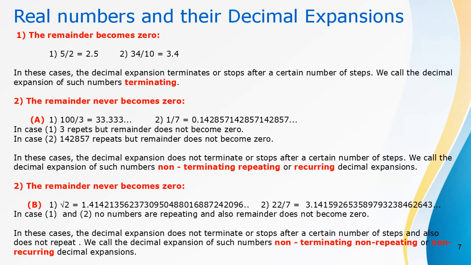In case 1 and 2, no digits are repeating and also the remainder does not become 0. In these cases, the decimal expansions do not terminate or stop after a certain number of steps and also do not repeat. We call the decimal expansion of such numbers non-terminating, non-repeating or non-recurring decimal expansions.